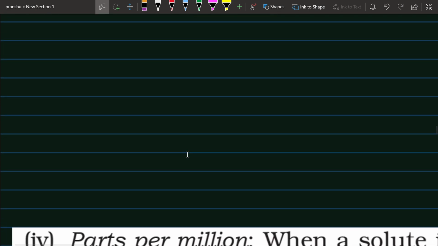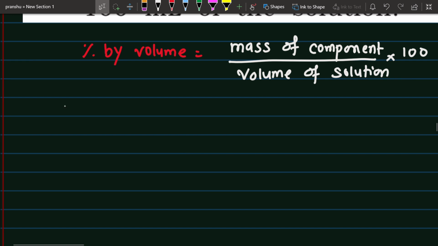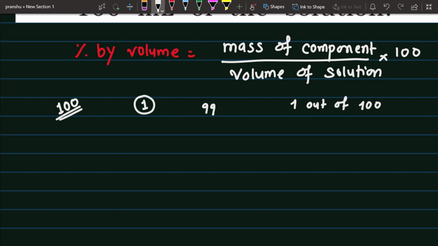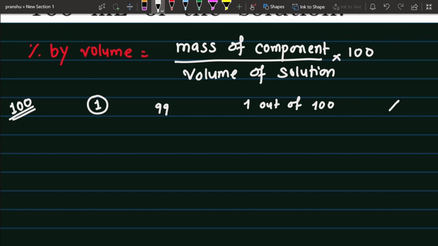Now another point is parts per million. To understand this, suppose that we have here 100 particles, and 1 particle is here and 99 particles are here. Then the concentration becomes 1 out of 100, and that is what we define in terms of percentage. But if here is 1000, 1 particle here and 999 particles here, then it is 1 out of 1000.